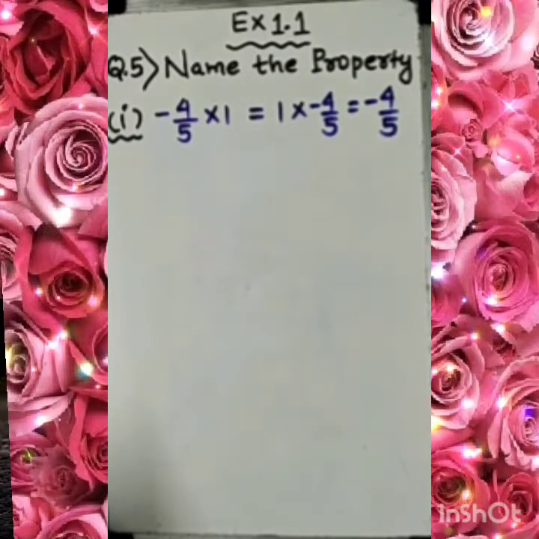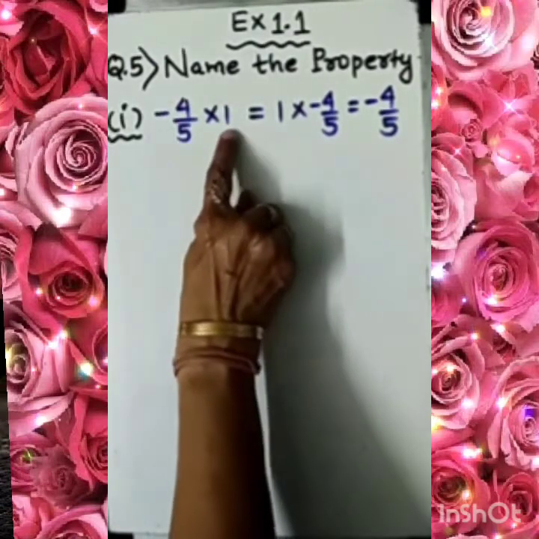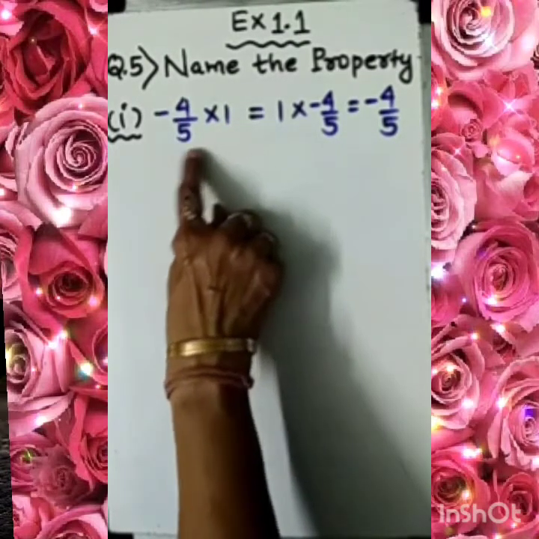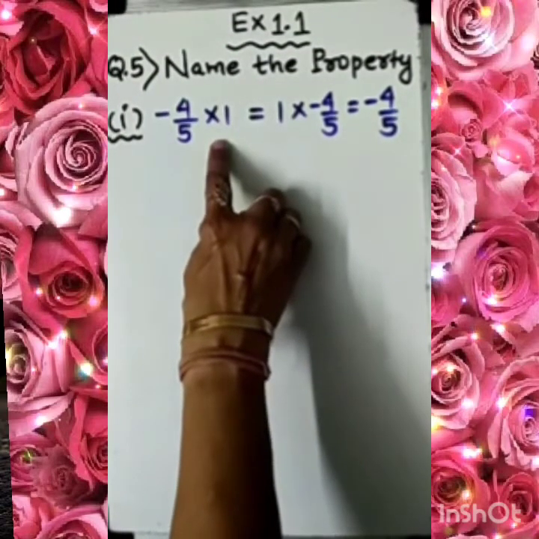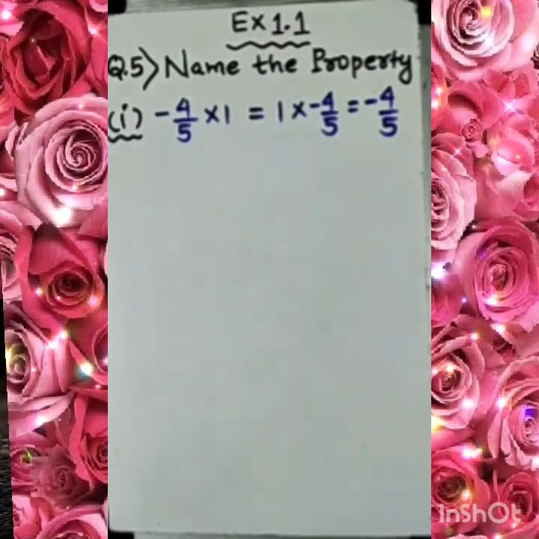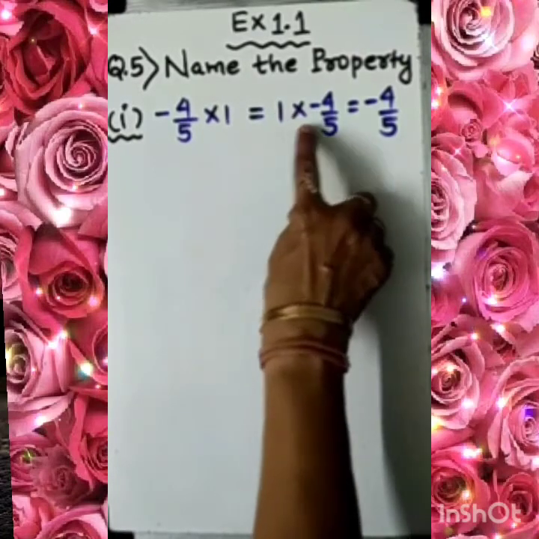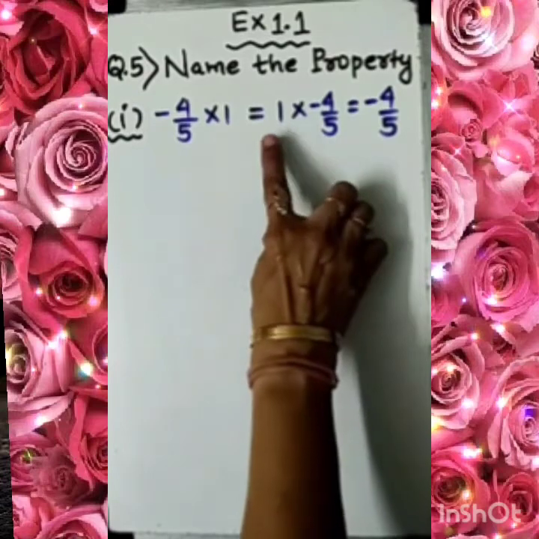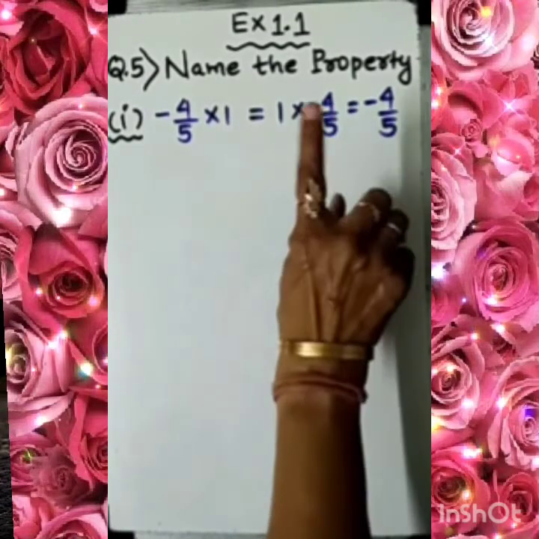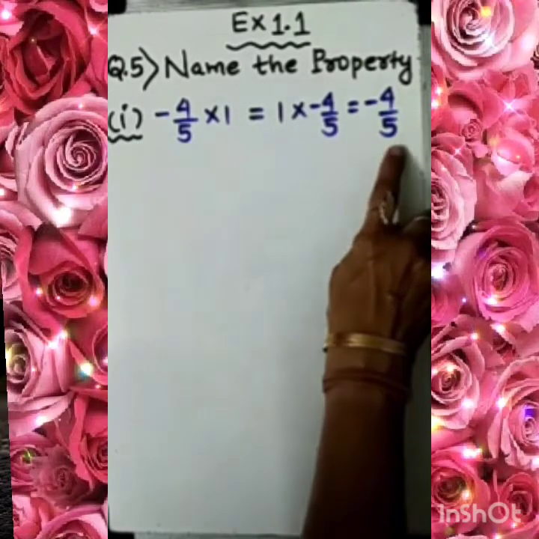Now observe here. If we multiply any rational number with 1, its value doesn't change. It gives the same result. When we multiply minus 4 by 5 with 1, we get minus 4 by 5. Similarly, if we multiply 1 with any rational number, here minus 4 by 5, 1 into minus 4 by 5 also gives the same rational number, minus 4 by 5.